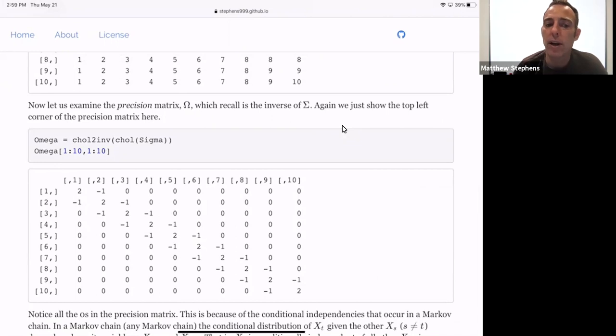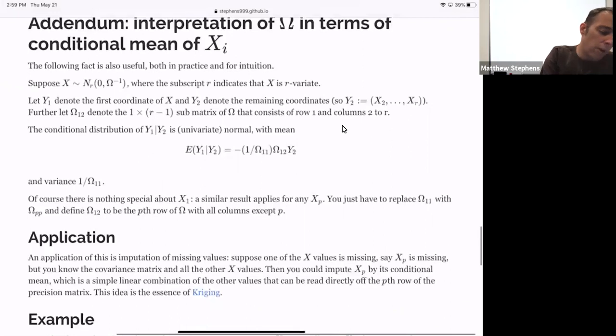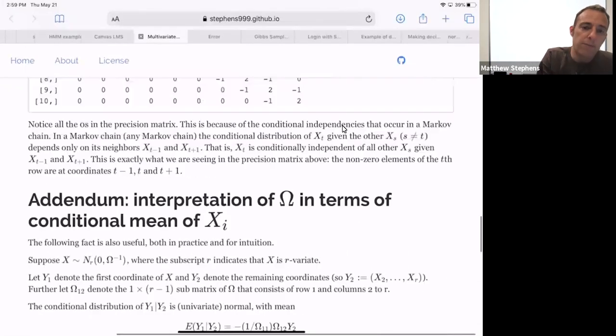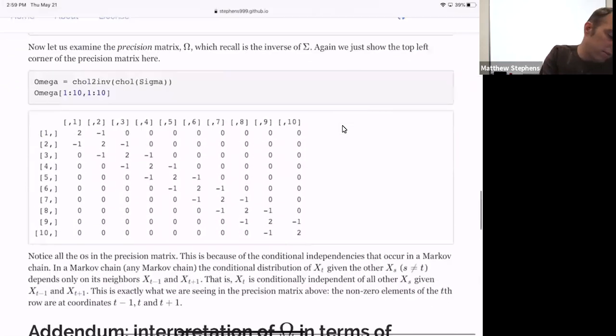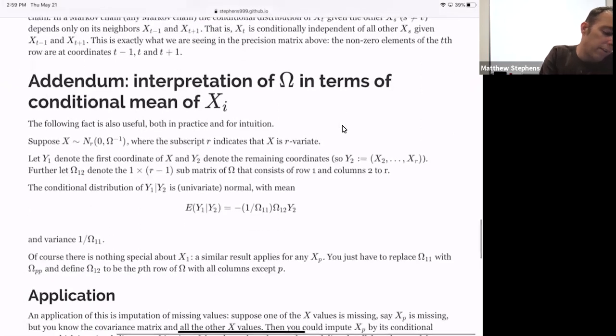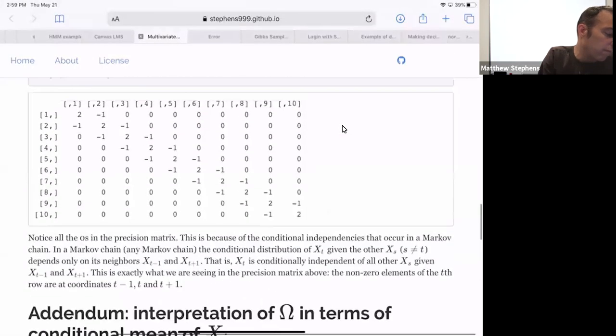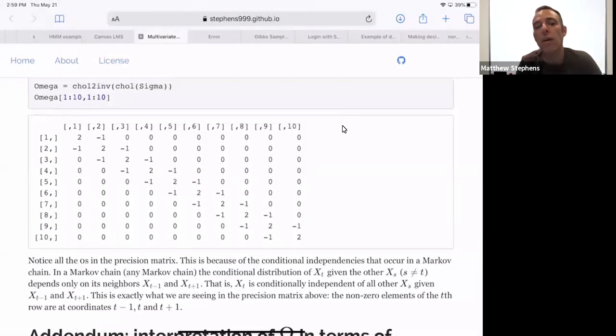The zeros say that x3 up to x1000 in this case would get 0 weight in that regression, and x2 would get, remember the formula here, the negative of 1 over omega 1, omega 1,2. Omega 1 is 2, so you get a half of negative 1. Take the negative of that, you get a half.